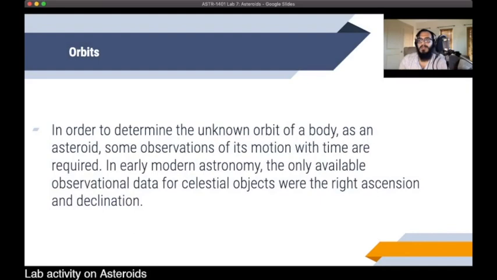In order to determine the unknown orbit of a body such as an asteroid, some observations of its motion with time are required. In early modern astronomy, the only available observational data for celestial objects were right ascension and declination, which are the coordinates that we use on the celestial globe.